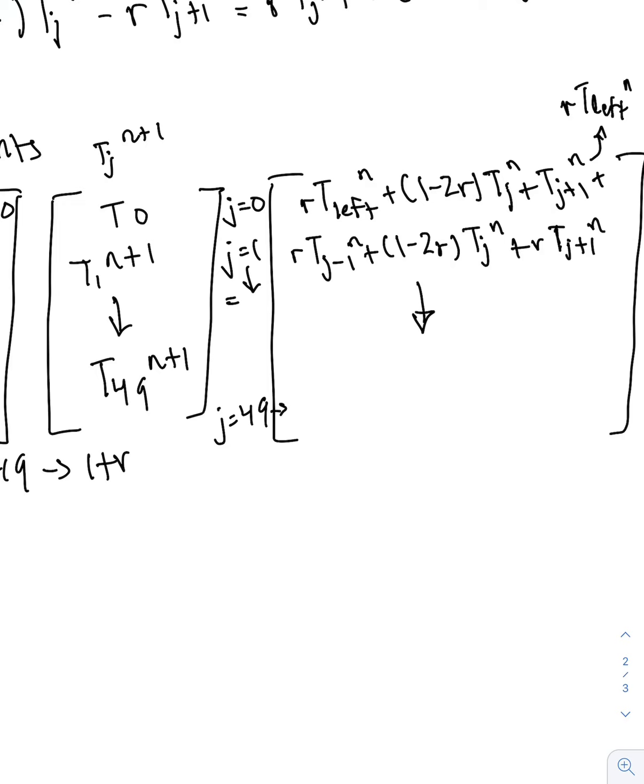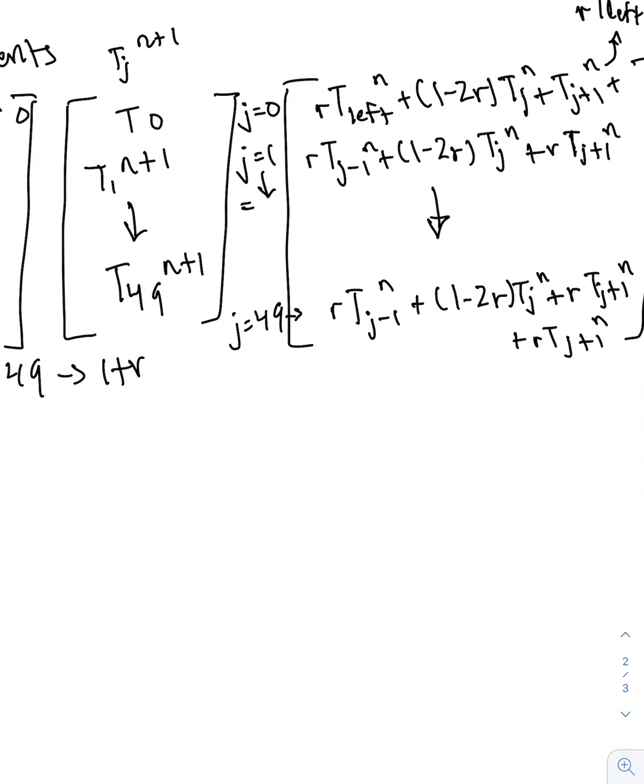For j equals 49, we're going to have r Tj minus 1 to the n plus 1, minus 2r Tj to the n, plus r Tj plus 1 to the n. And here we actually do not have an r right there.